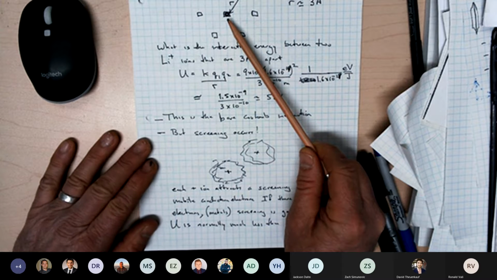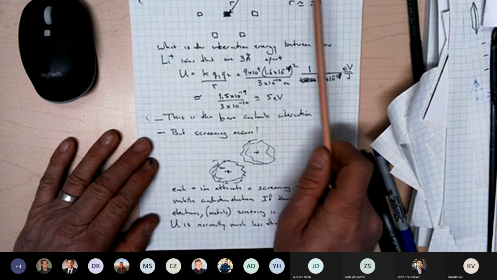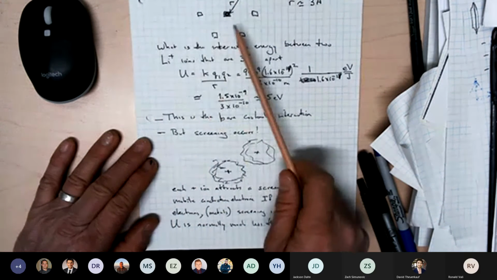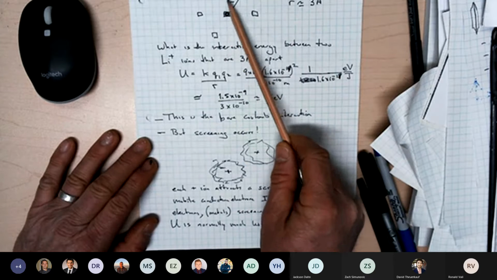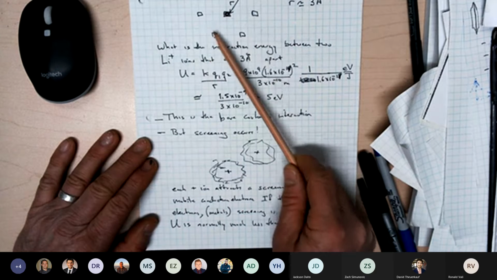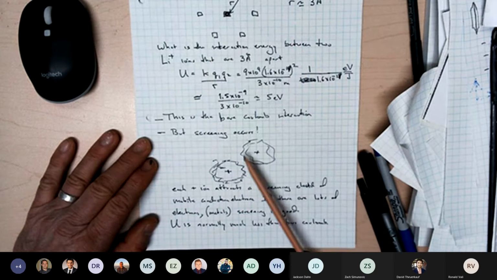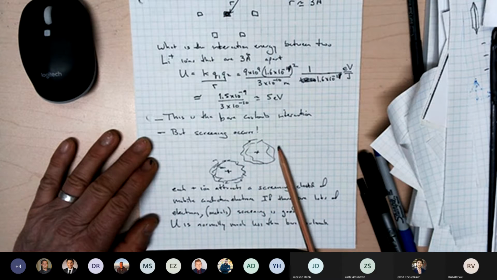The electron goes into the electronic band structure of the host. It can move around. But because there's a positive charge here, that positive charge will attract negative charge to it. And you'll get kind of a cloud. It's called a screening cloud of electrons around each positive charge.